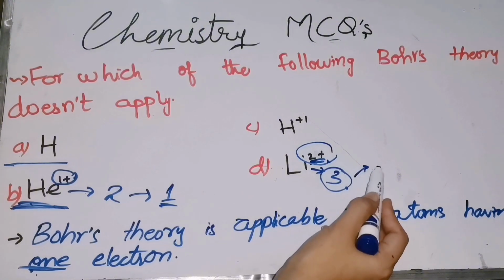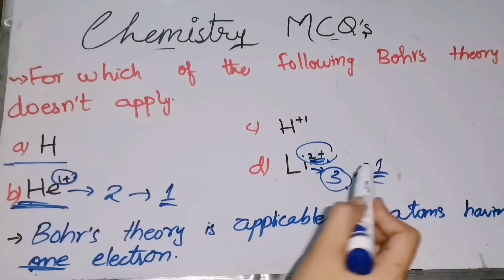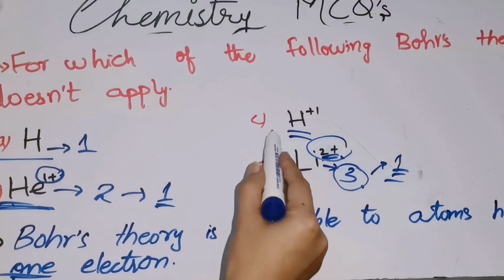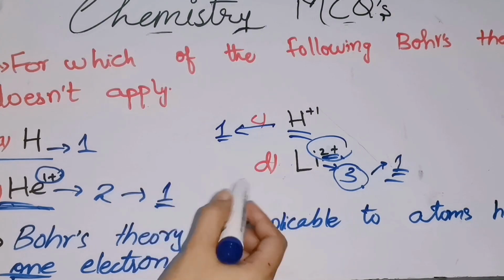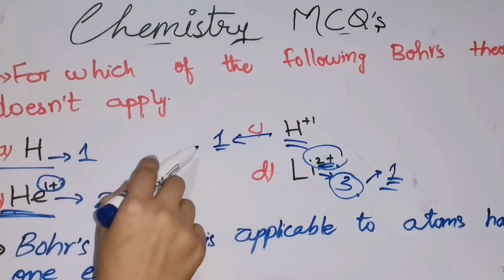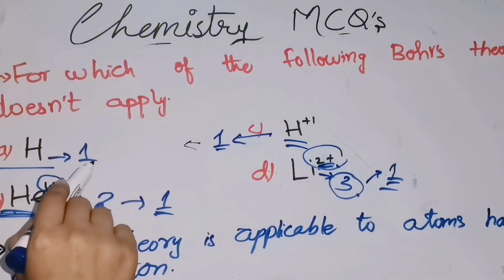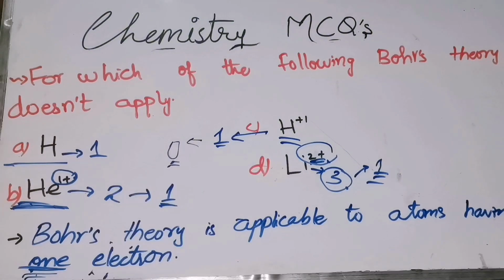So now it is also having only one electron. Hydrogen was already having one electron. Now it has lost its one electron, so how many electrons is it having? Zero. For which of the following does Bohr's theory not apply? It does not apply to atoms having zero electrons or more than one electron. So the correct option is option C.